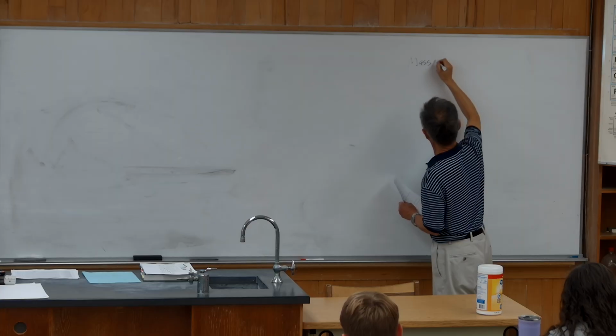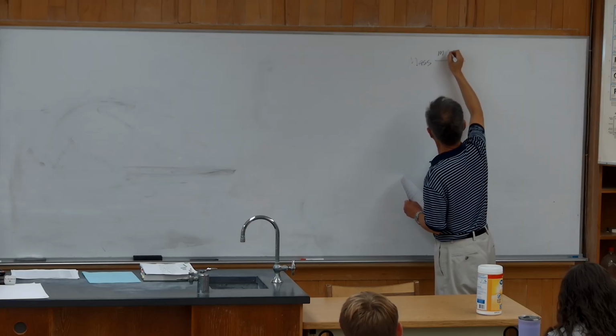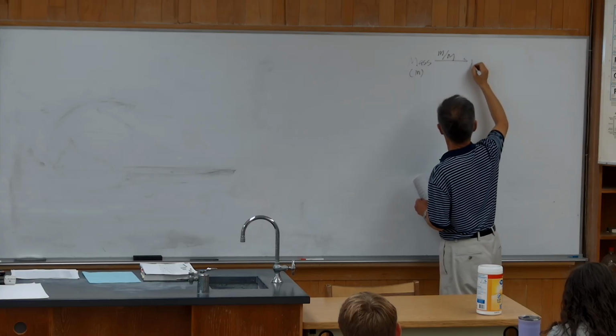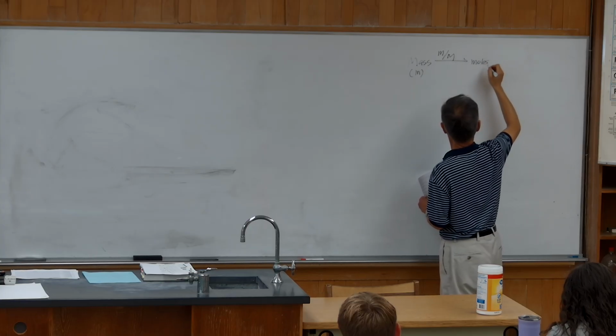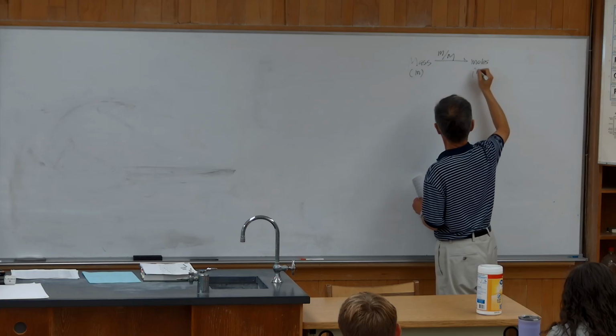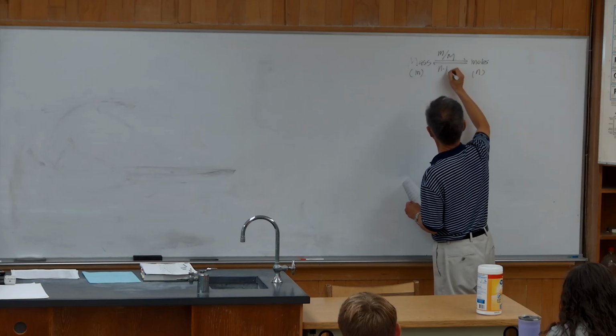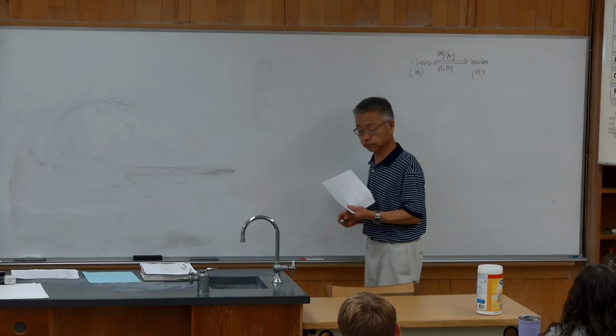Mass divided by molar mass, you get moles. If you know moles and want mass, then moles multiplied by molar mass, right?